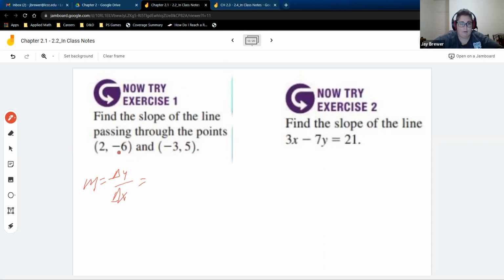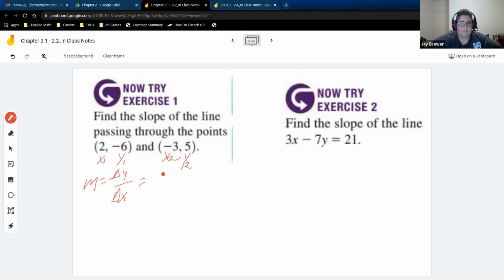So if we want this one to be y1. All right, I guess we want it to go first. So if the formula says y2, then this will be y1, x2, x1.